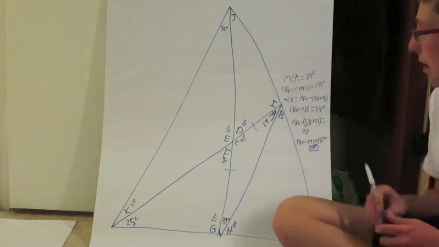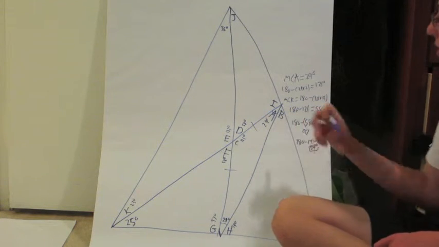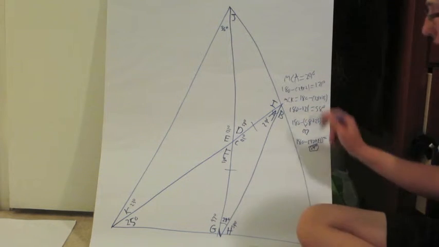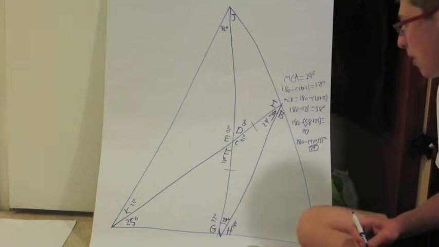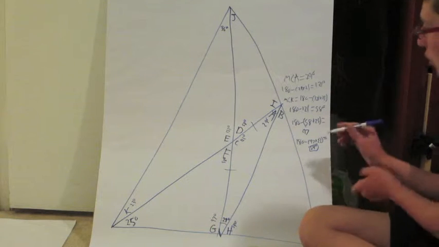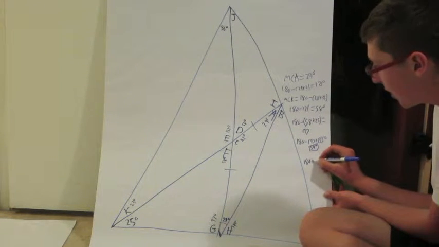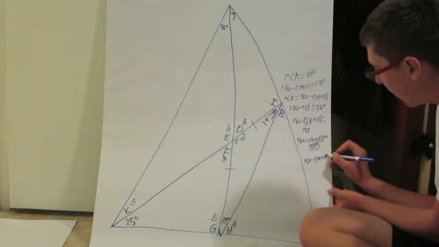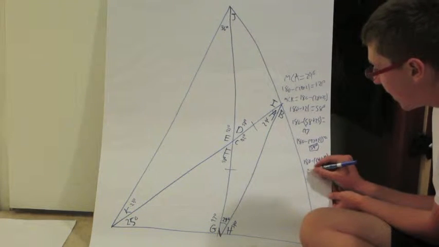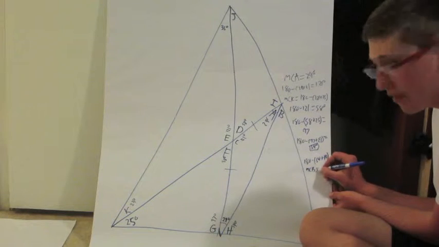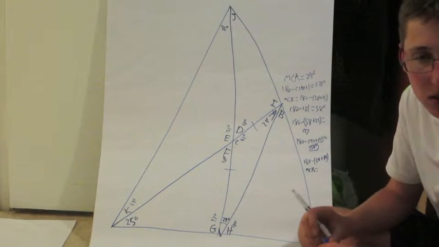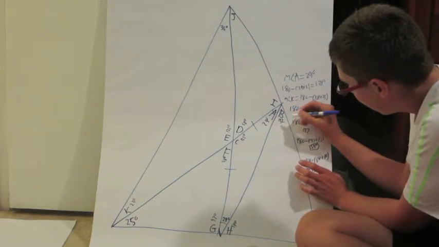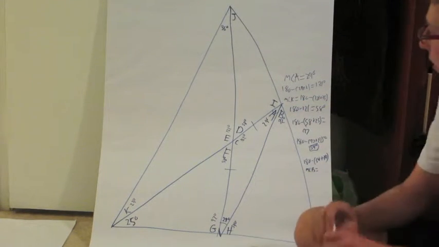So the next angle that we can solve is angle B. We can solve angle B by using the same sum property of the triangles. So if we take 180 minus 54 plus 34, we can get the measure of angle B equals 92 degrees.